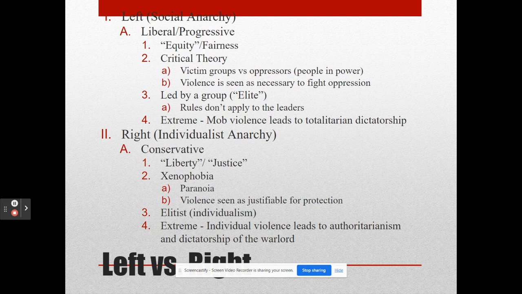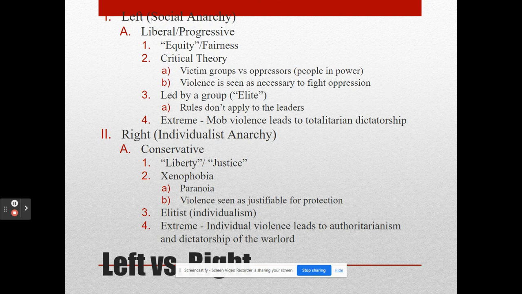Now, on the right, you have the issue of the individual leader or anarchist. Hold on. Okay, sorry about that little bounce there. Something happened there. So you have the individualist anarchist. On the left, groups support the idea that there is no central government. There are just groups.